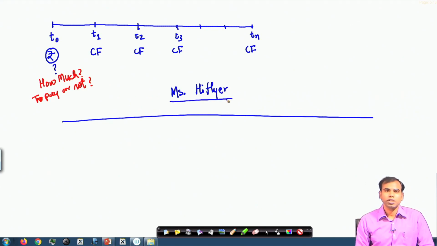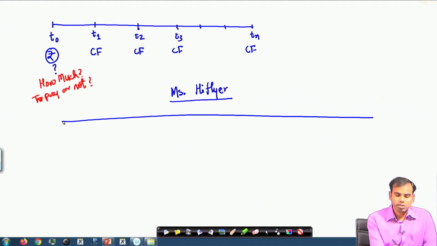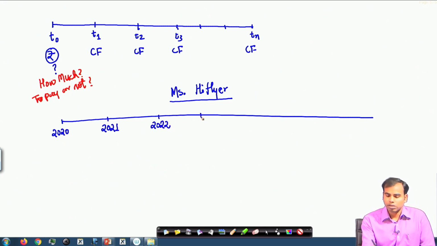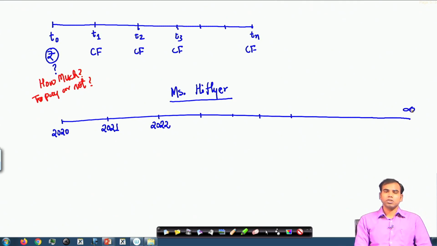Miss High Flyer is a very ambitious lady, and she is entering the job market on January 1, 2020, and she is expecting that she is going to earn some money from that year onward. And since she is very ambitious, she believes that she will continue to live for eternity, or she will continue to live very long, which is a very long time in future.